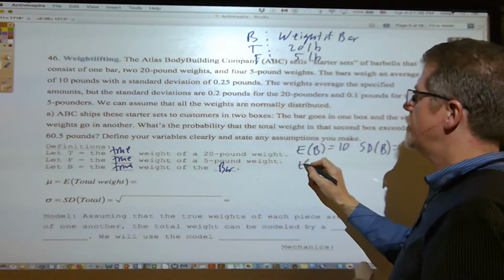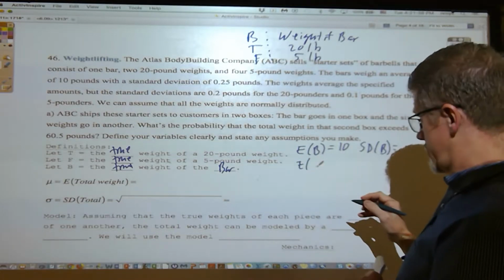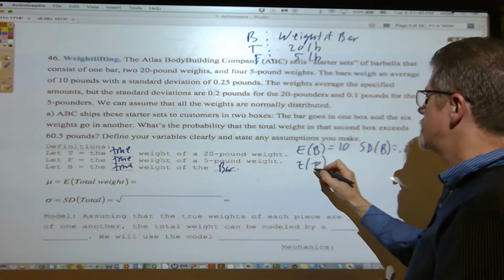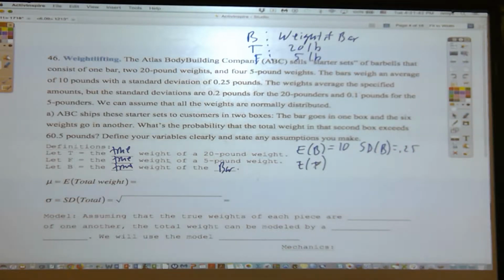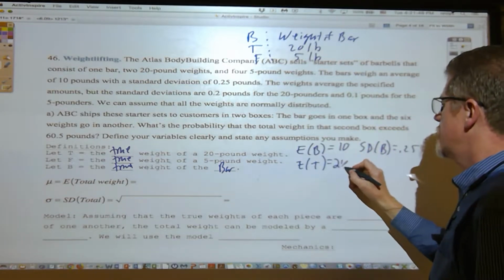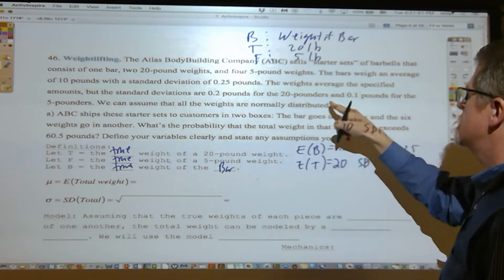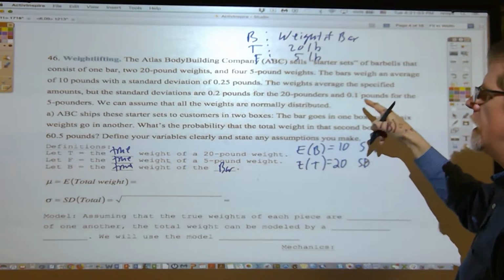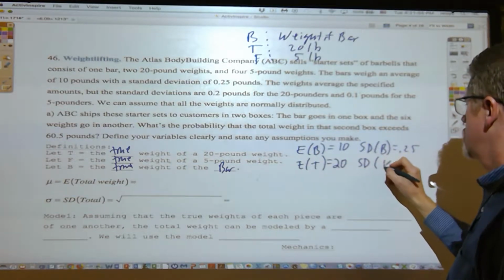The expected value of the 20-pound weight, or E of T, there's what you would expect. So for the 20-pounders, standard deviations are 0.2.